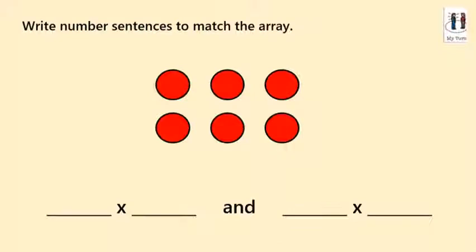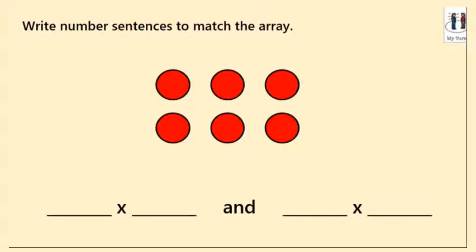So let's begin. I'm going to write number sentences, calculations to match the array. So I'm going to count how many rows, 1, 2, and write that in my calculation. And then I'm going to count how many are in the columns, 1, 2, 3.